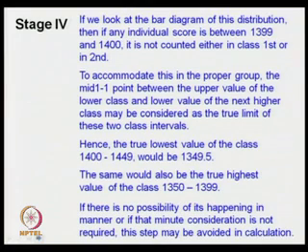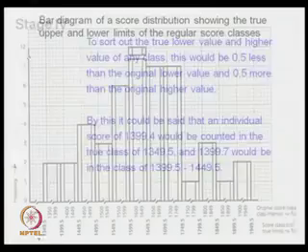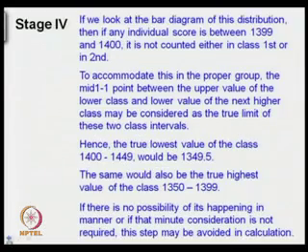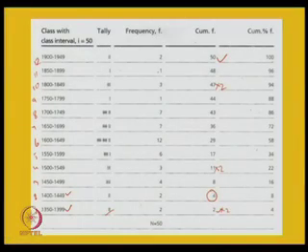Now, if we look at the bar diagram next, these are the examples. Now, if we see the bar diagram here, what does it say? Our class intervals were 1350 to 1399, the next class interval was 1400 to 1449, like that.